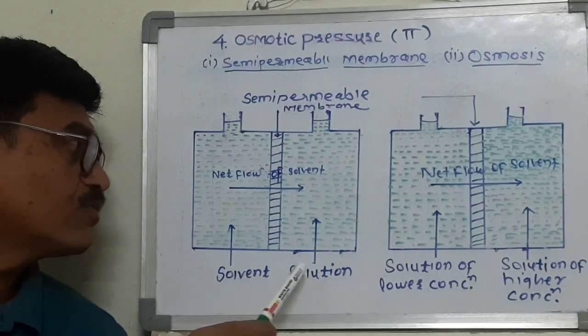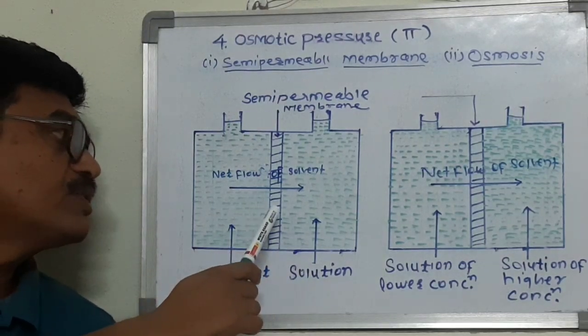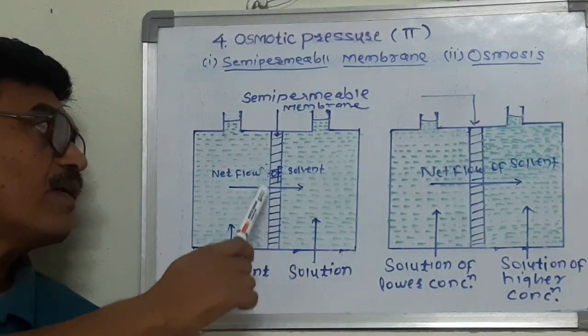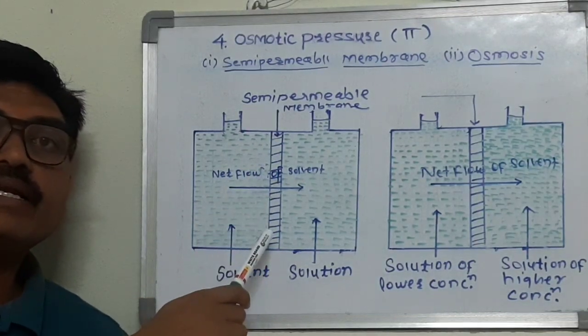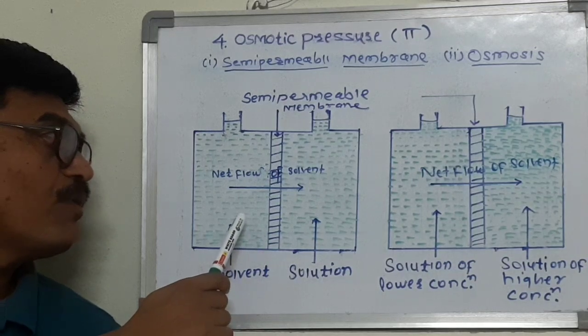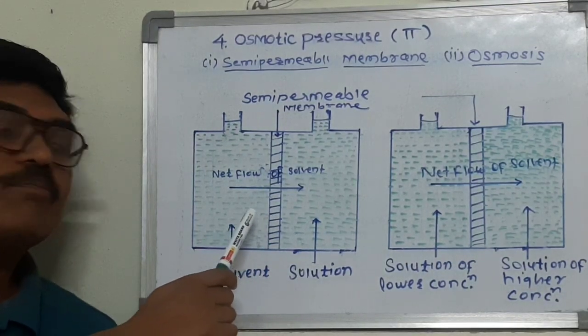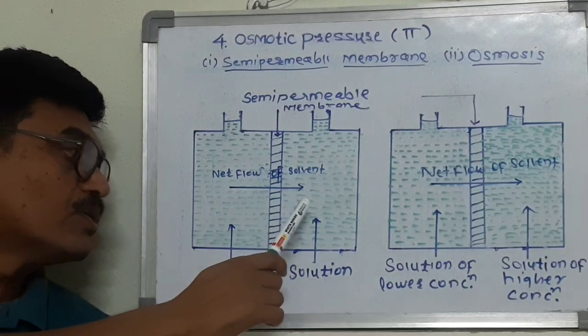When solvent and solution are separated by means of a thin film or semi-permeable membrane like this, the solvent molecules pass through the smaller pores of this membrane into the solution.